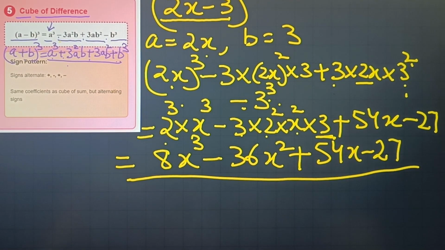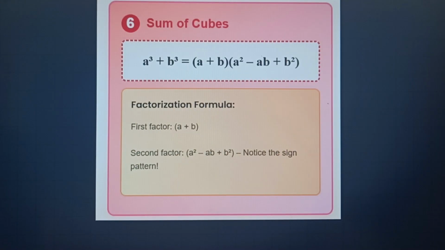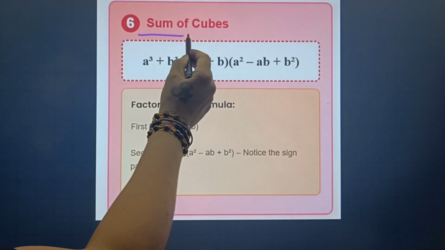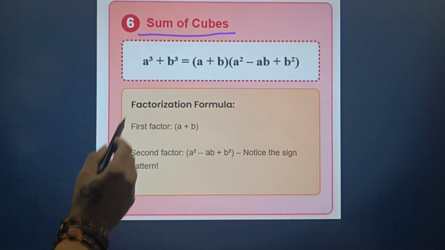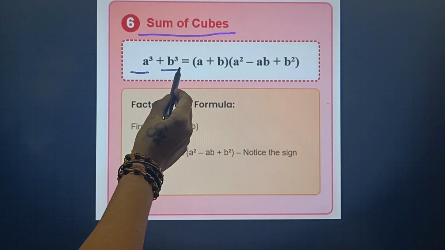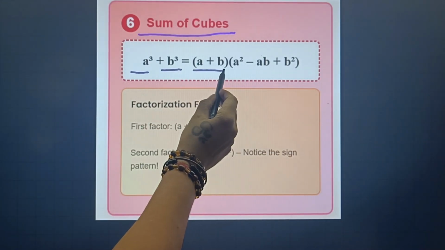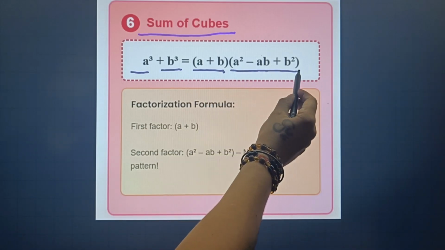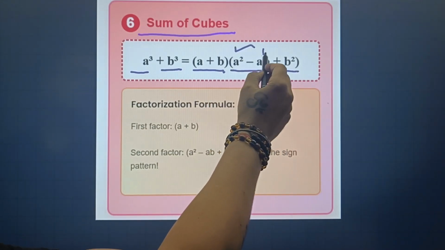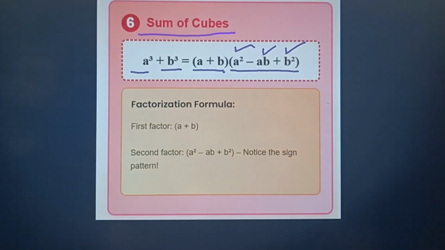Now let's move forward and discuss our next identity. So students, here we have our next identity, which is sum of cubes. That means a cube plus b cube equals a plus b into a square minus ab plus b square.